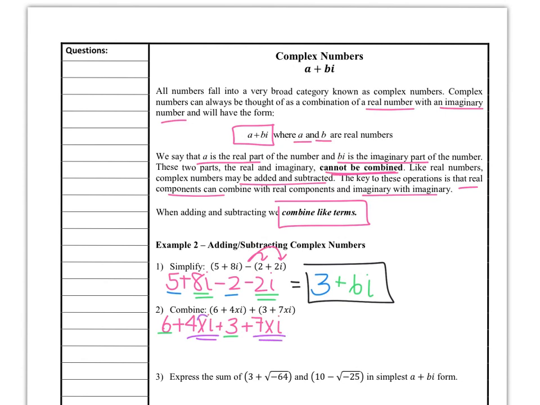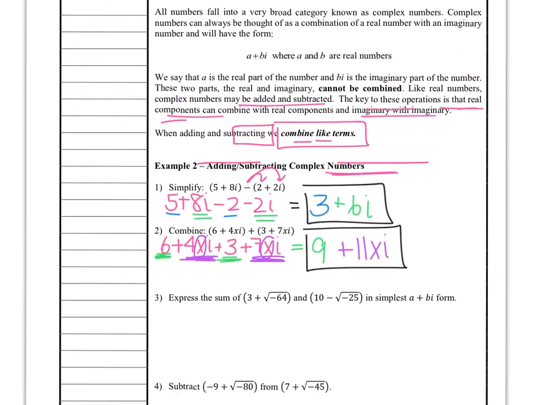Notice how this has an x and this has an x. That's important to make sure that they both have the x's, because if they didn't, we could not combine them. All right, so 6 plus 3 here is 9, and then 4xi plus 7xi is 11xi. And then, of course, box it in for your answer.